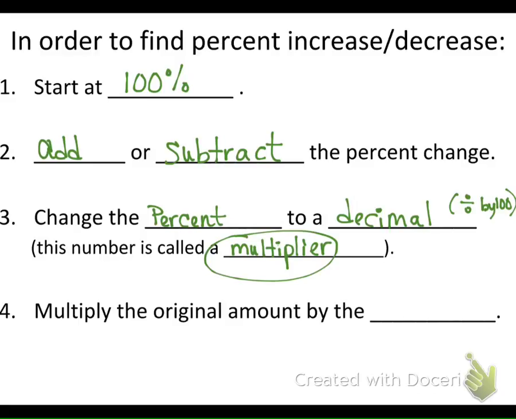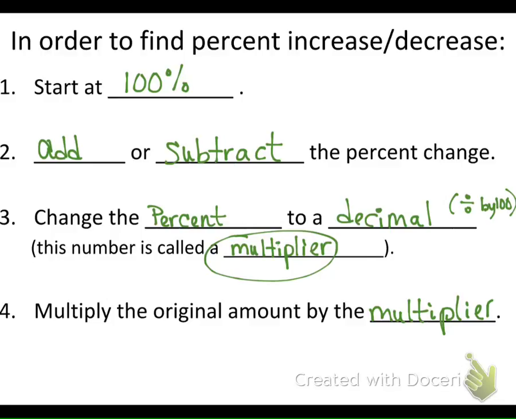So the last step, so four steps that we're going to do in all. The last step is we're going to multiply the original amount, the original price of the item, by the multiplier. So you know how to do all of these steps.